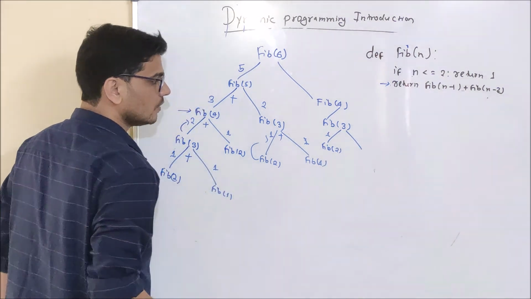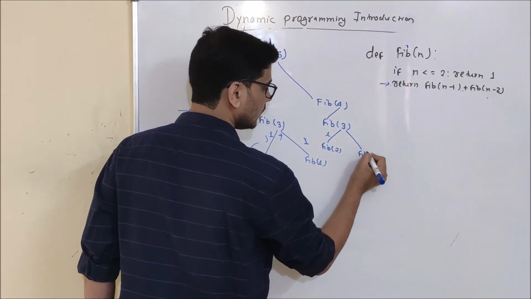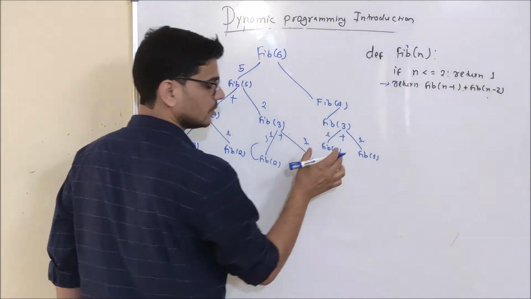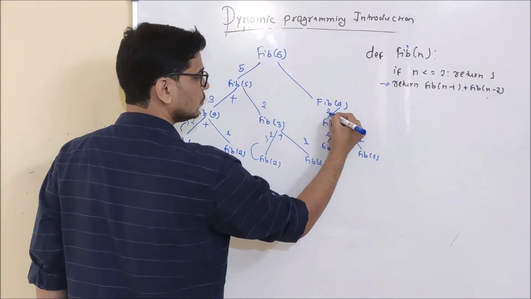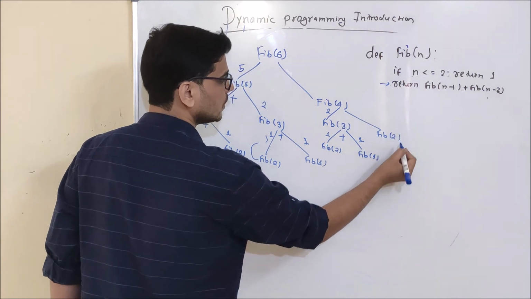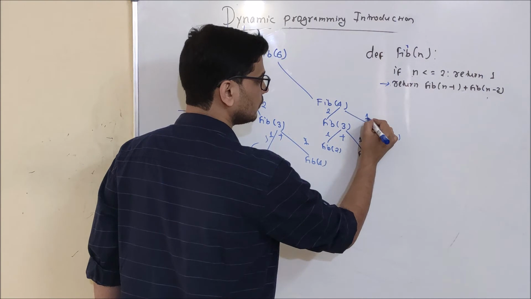Then fib of 3 will make a function call to fib of 1. It will return 1 from here. Then fib of 3 is going to sum these two values and will return 2 from here. Then fib of 4 will call its right part, that is fib of 2, and fib of 2 will return 1 from here.